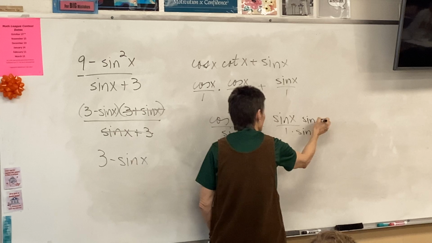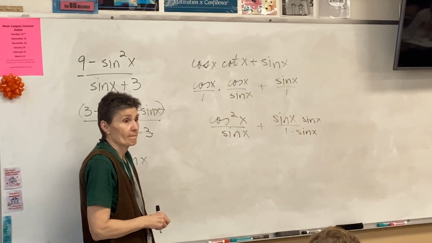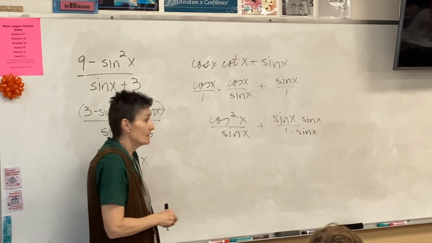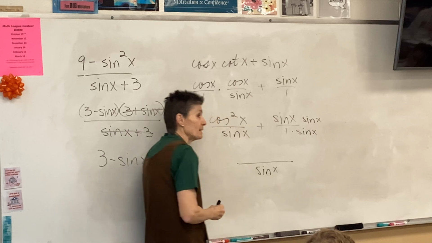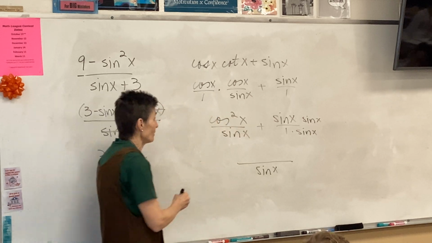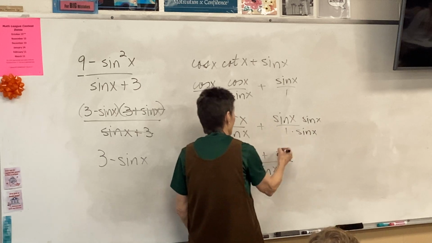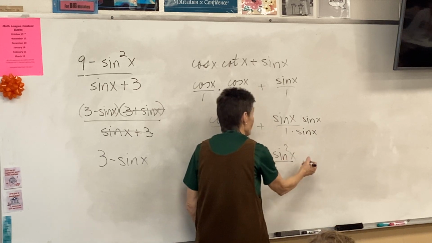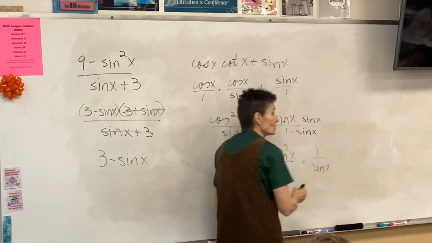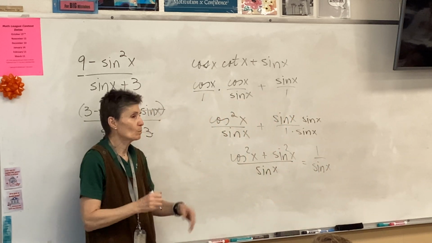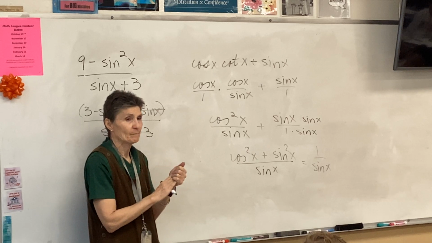So I'm going to multiply the top and the bottom by the sine. Now, they have the common denominator, right? So I can add them together. And what am I going to have on the top? Cosine squared plus sine squared, which is 1. And what is 1 over sine? Remember, we're not leaving 1 over. We're going to write it as what it is. What's 1 over sine? Cosecant.